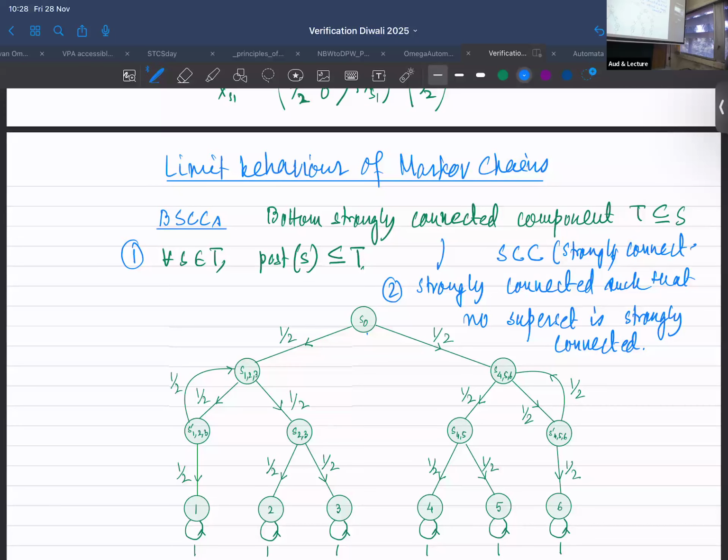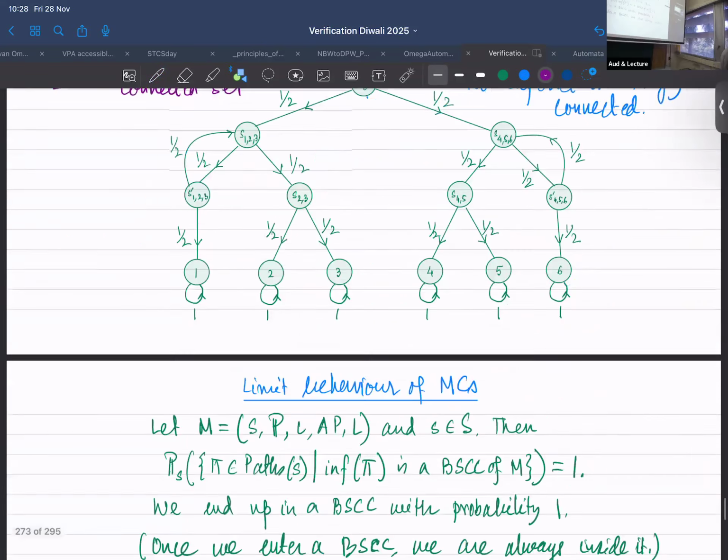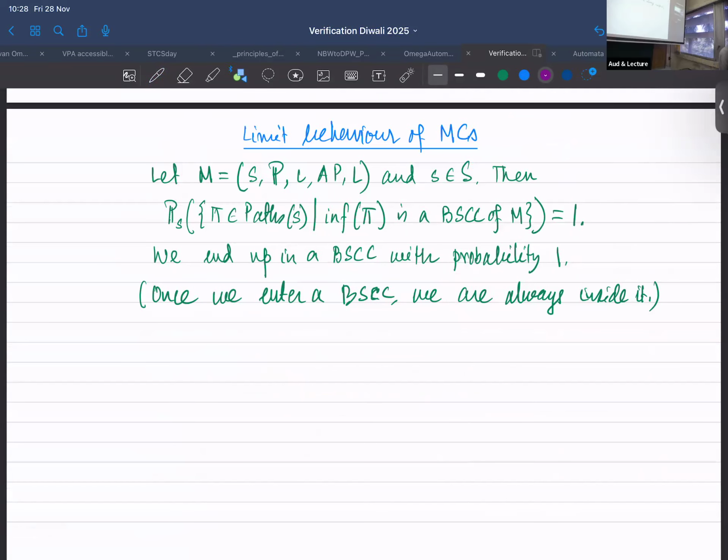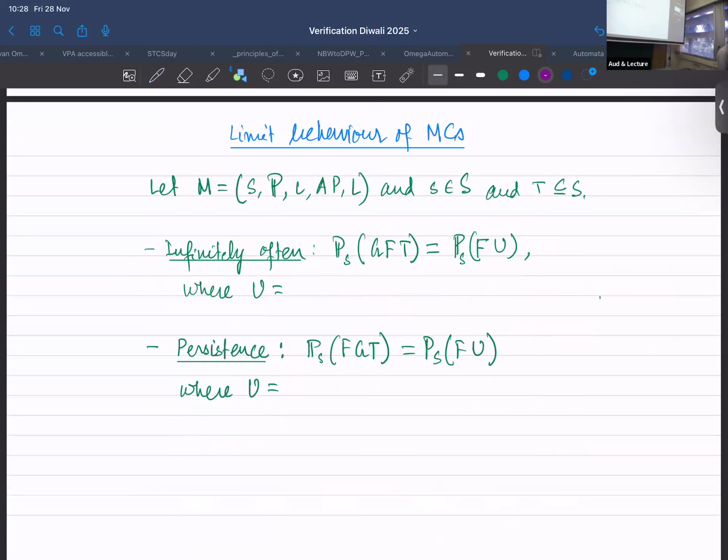A strongly connected component is one which is a maximal strongly connected set. This is my SCC. Clear? Okay. Good.